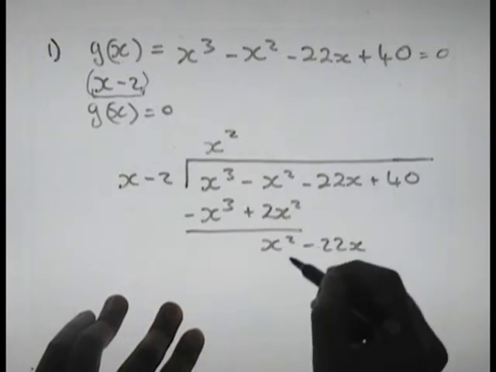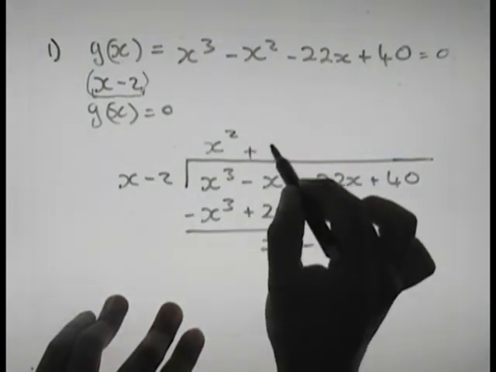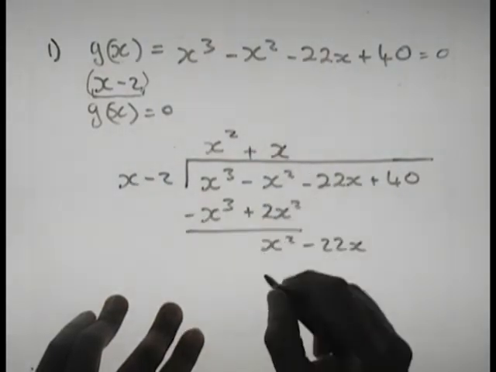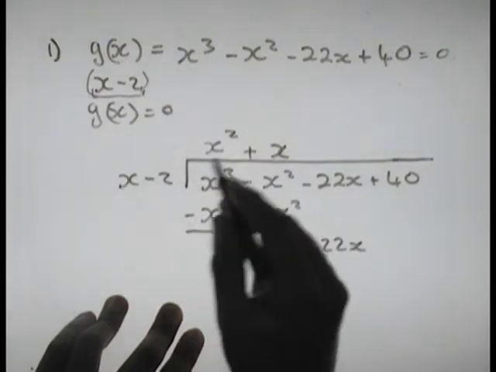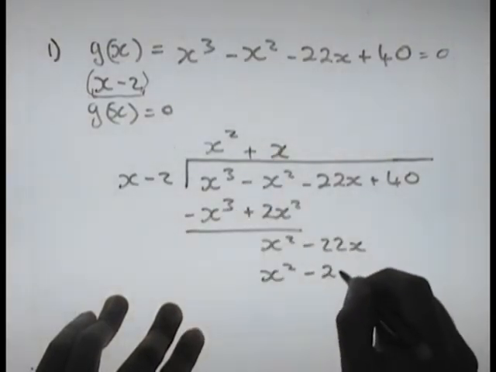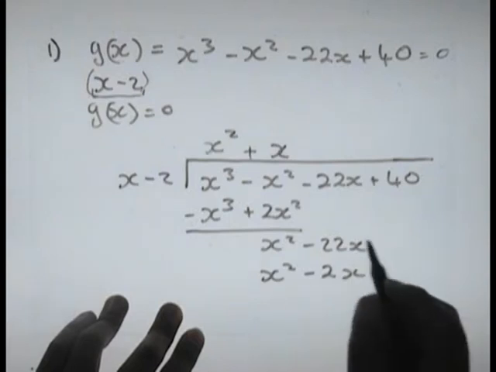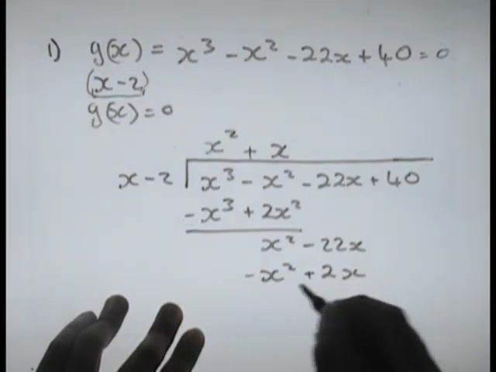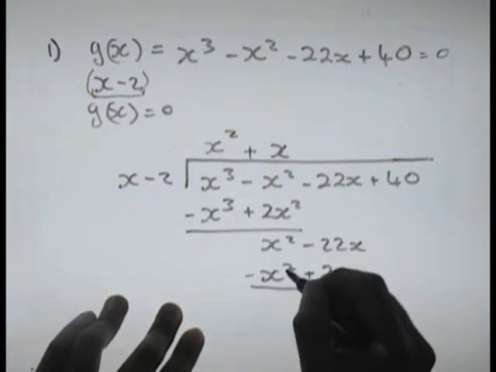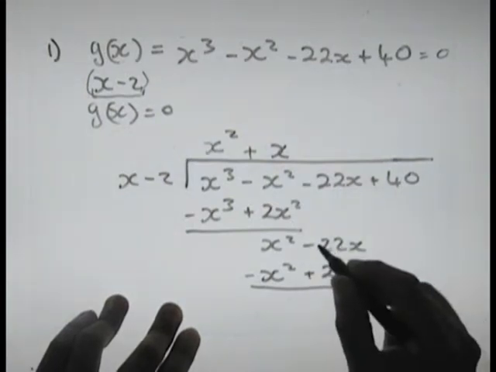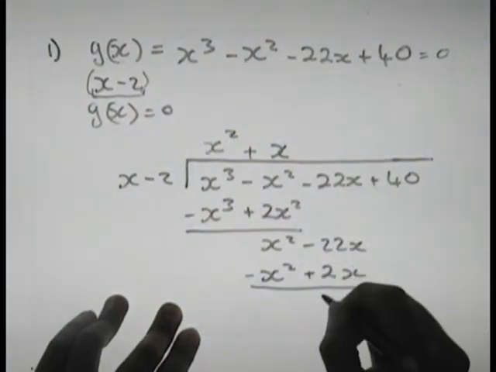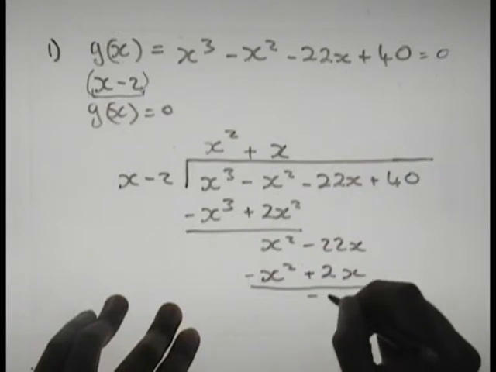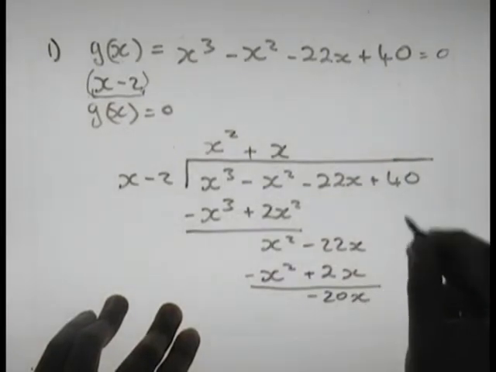Bring down the negative 22x. X squared divided by x is equal to positive x. X times x is x squared. X times negative 2 is negative 2x. Change the signs. X squared minus x squared is 0. Minus 22x plus 2x will give me minus 20x.